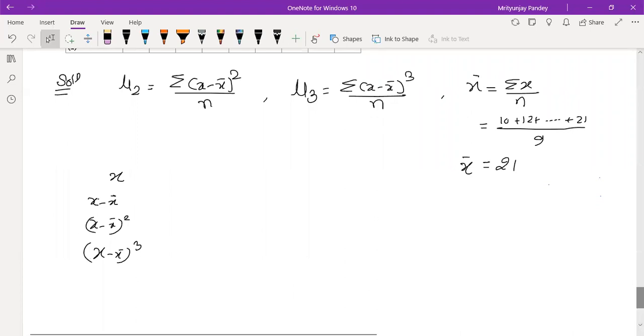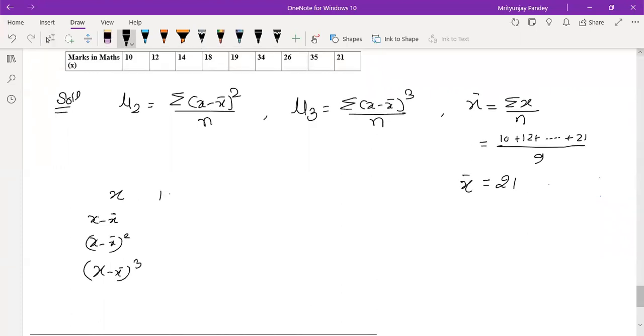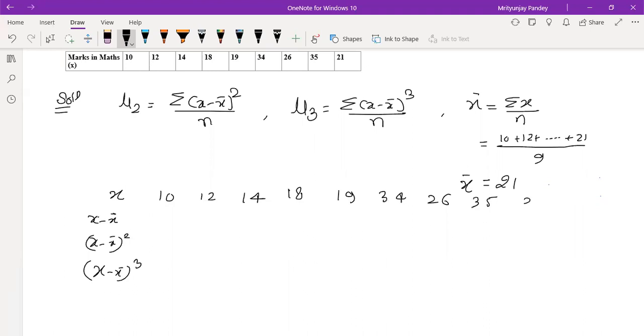Okay, so value of x is nothing but 10, 12, 14, 18, 19, 34, 26, 35, and 21. Now find the x minus x bar. Here x bar is 21. So that's why subtract each element by 21.